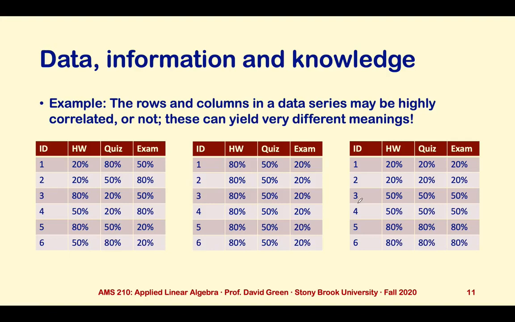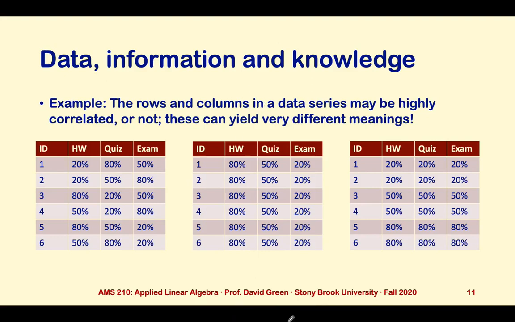These second two matrices are structured in such a way that the data is highly organized. All of the same entry in one column, all of the same entry in another, all of the same entry in the third. I might look at this and say, this also seems a little bit weird from the perspective of an instructor. First of all, there's this sort of decreasing performance between homeworks, quizzes, and exams.